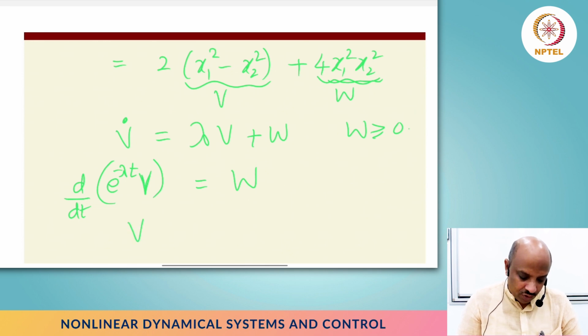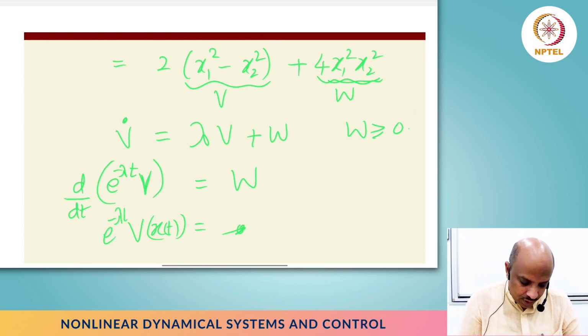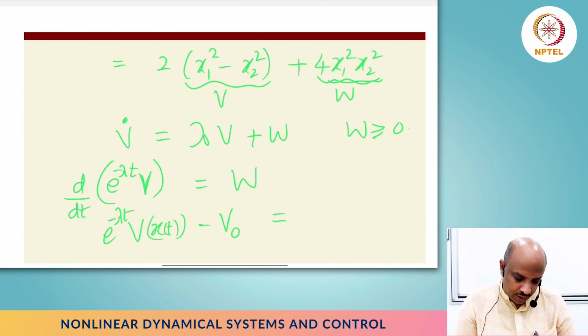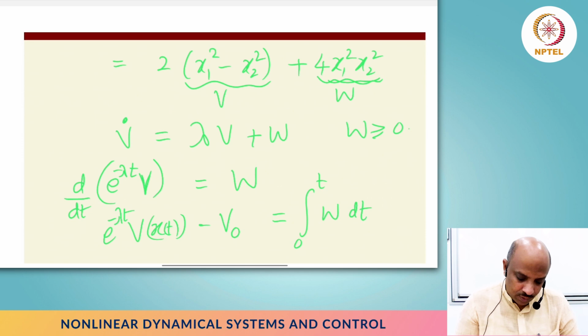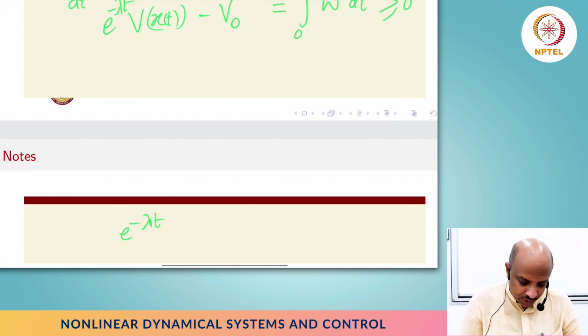So basically V of x of t is going to be, let me do this carefully, e power minus lambda t V of x of t minus V0 is equal to the integral from 0 to t of W. But W is greater than or equal to 0, so eventually we can show that V of t minus V0 is greater than or equal to 0.